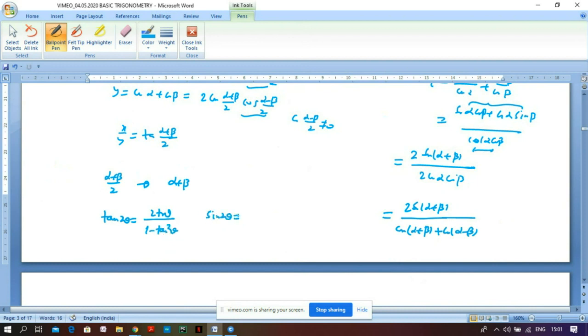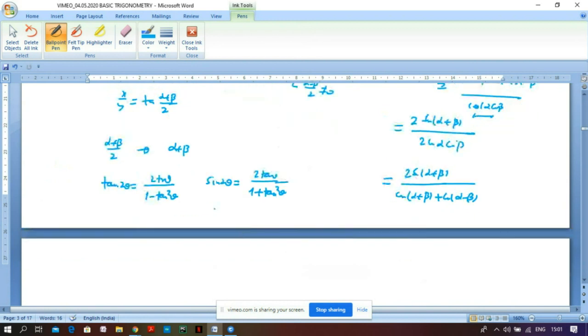You have sine 2 theta is 2 tan theta upon 1 plus tan square theta, and cos 2 theta is 1 minus tan square theta upon 1 plus tan square theta. So these numbers you already have, and then we can use this expression. Alpha plus beta by 2, that tan is known, that gives you this, and that also gives you this.